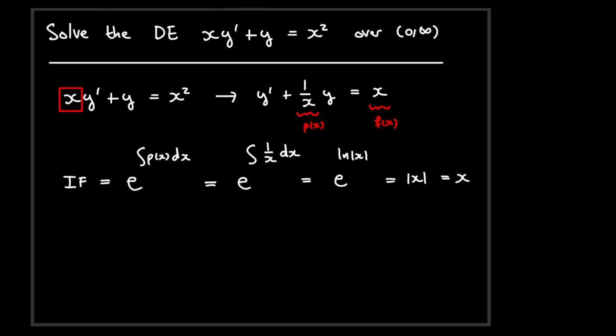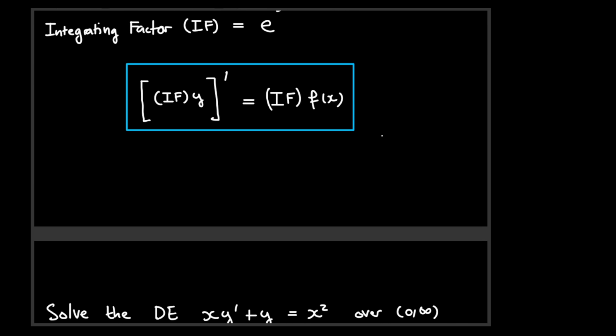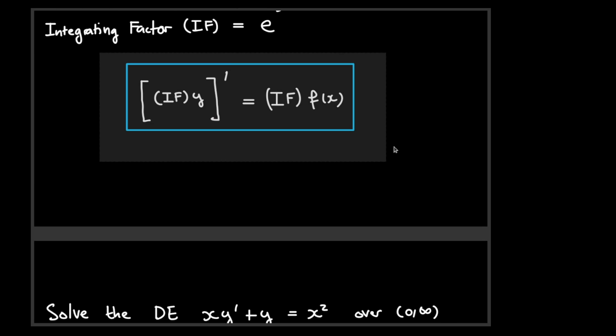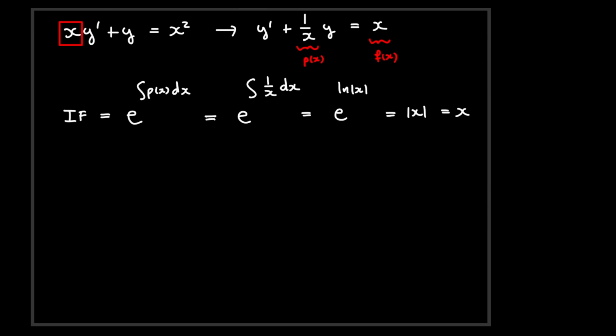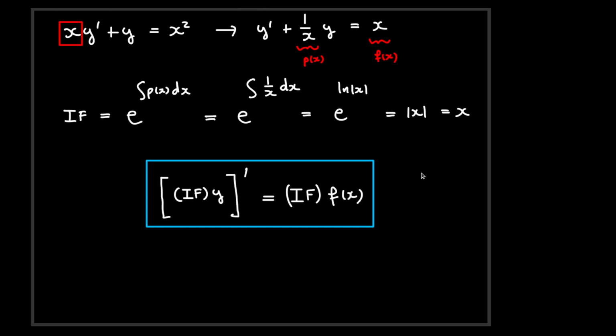And we can now use the main formula, which is this one over here. So in fact, I'll just copy it. We can use this formula here and plug in our specific values. If I replace the integrating factor by what we've just calculated, we'll get x here.